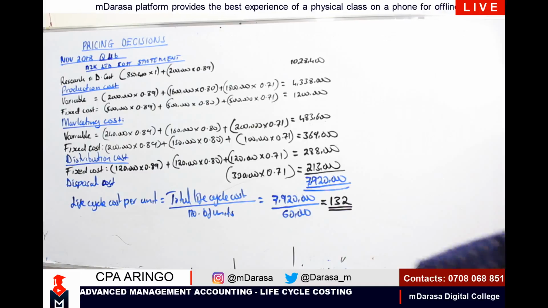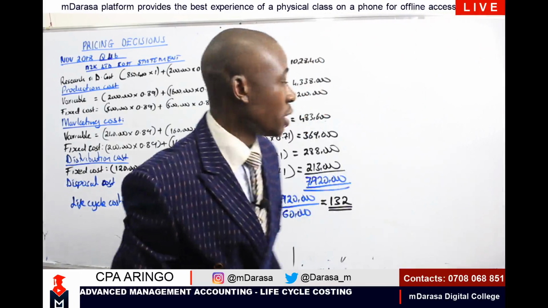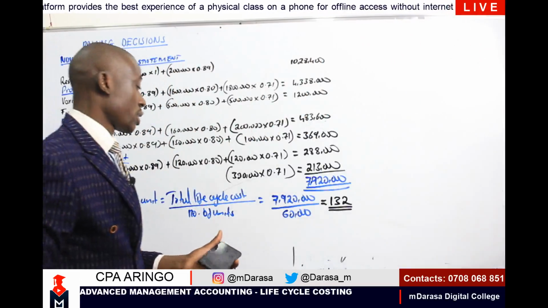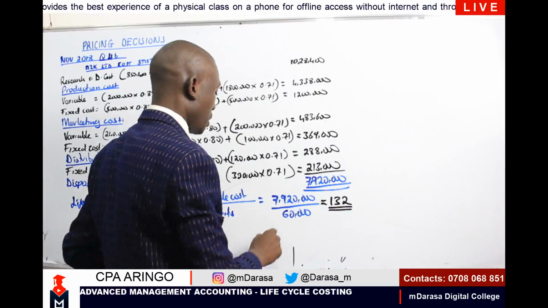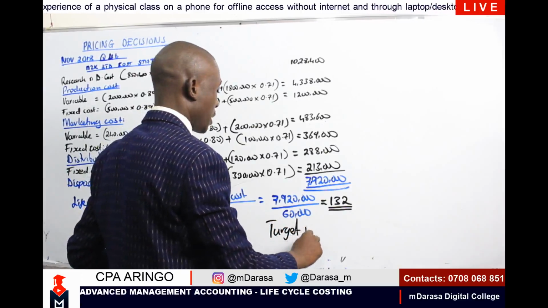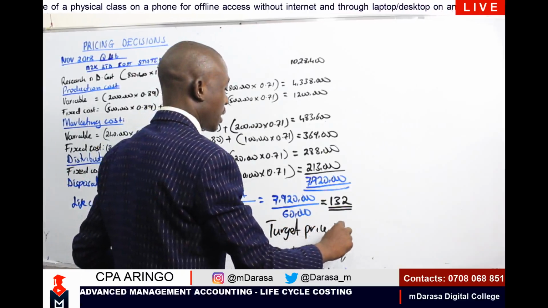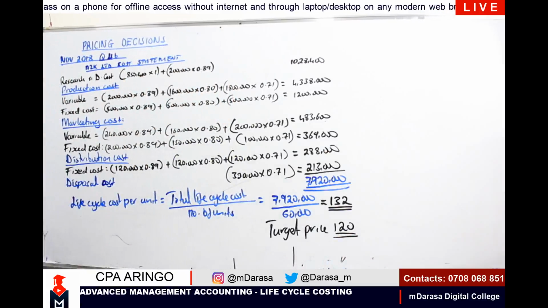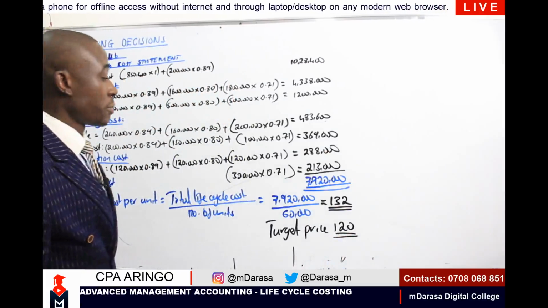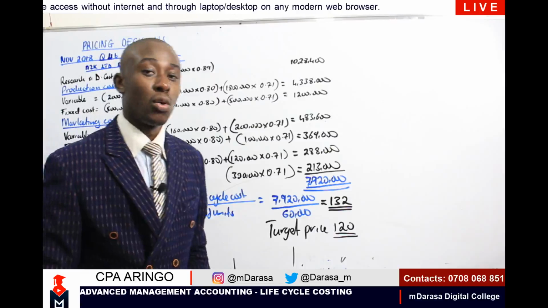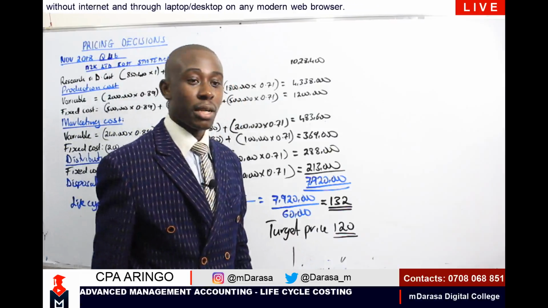We can clearly see that our life cycle cost per unit here is 132, and the target price, according to the marketing director, is what the customers were willing to pay, 120 per unit. So at this point, you can clearly see that my life cycle cost is already higher than the target price.